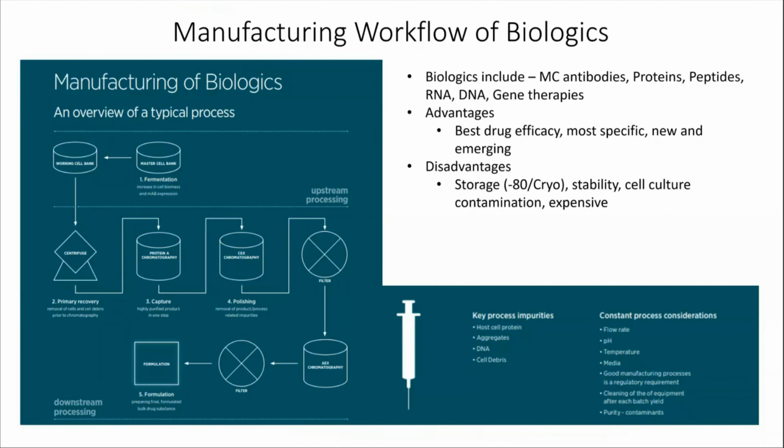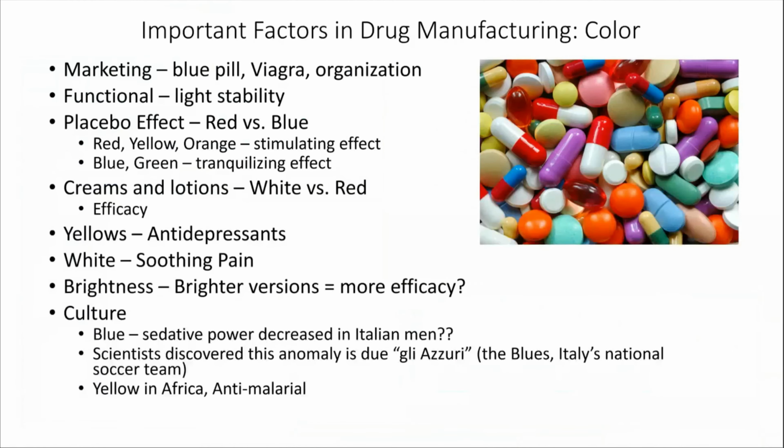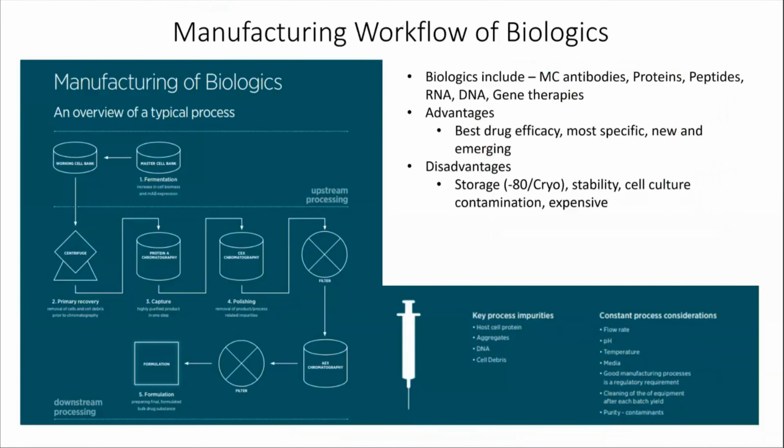So if we want to take a brief look at the workflow, which is long, we'll just take a little look at it before we get into some fun stuff. We'll finish on a really fun note, I promise, and you'll learn a lot from the next slide. We'll talk about colors. So master cell bank, then you go to a working cell bank, which means you just have your cell line.